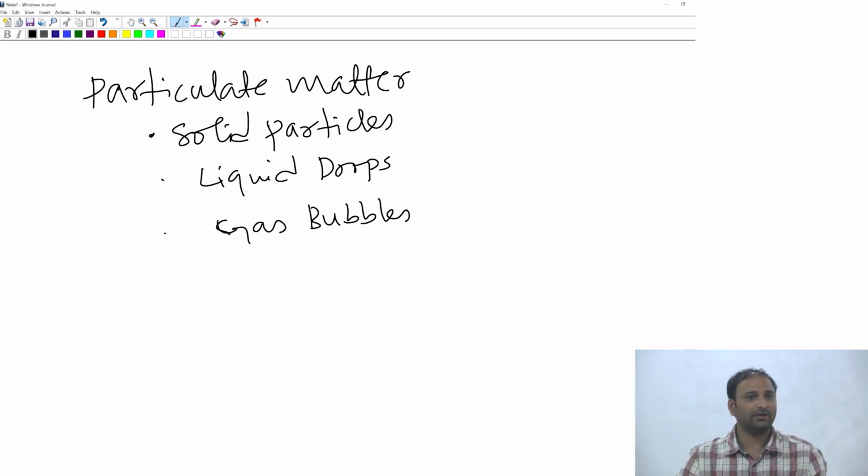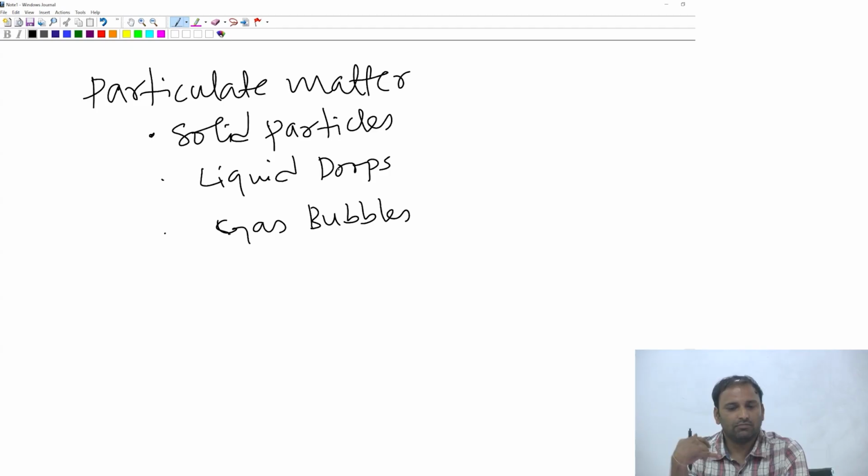We said that there's a dispersed phase and a continuous phase, and your continuous phase could be a gas or a liquid, and your dispersed phase could be either particles, liquids, or gas. In that sense, the particulate matter we are going to discuss in the course could be solid particles, liquid drops, and gas bubbles.